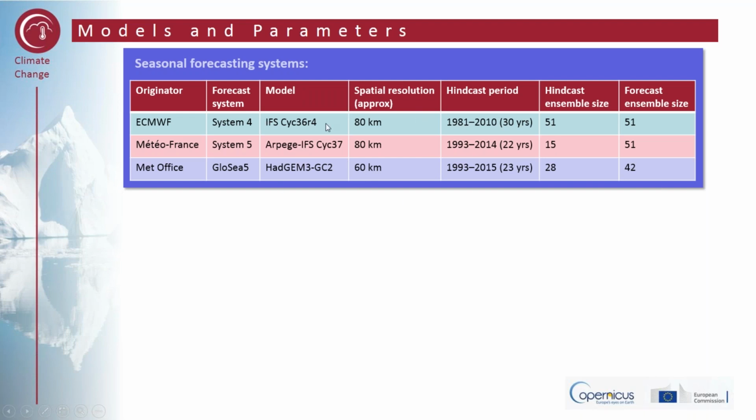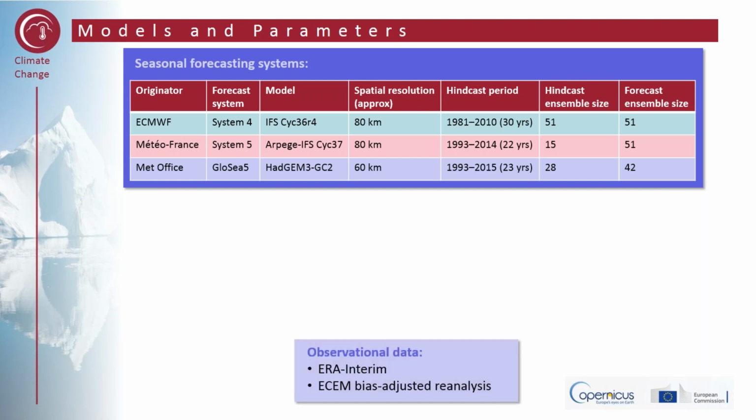They all use slightly different or very different climate models. Because these are coupled systems, they'll often have similarities, but they're all run differently. Their hindcast periods are all slightly different. You've got quite a long hindcast in ECMWF and slightly shorter ones in Meteo France and Met Office. The size of the ensembles in the hindcasts are different, and the forecast ensemble sizes are also different.